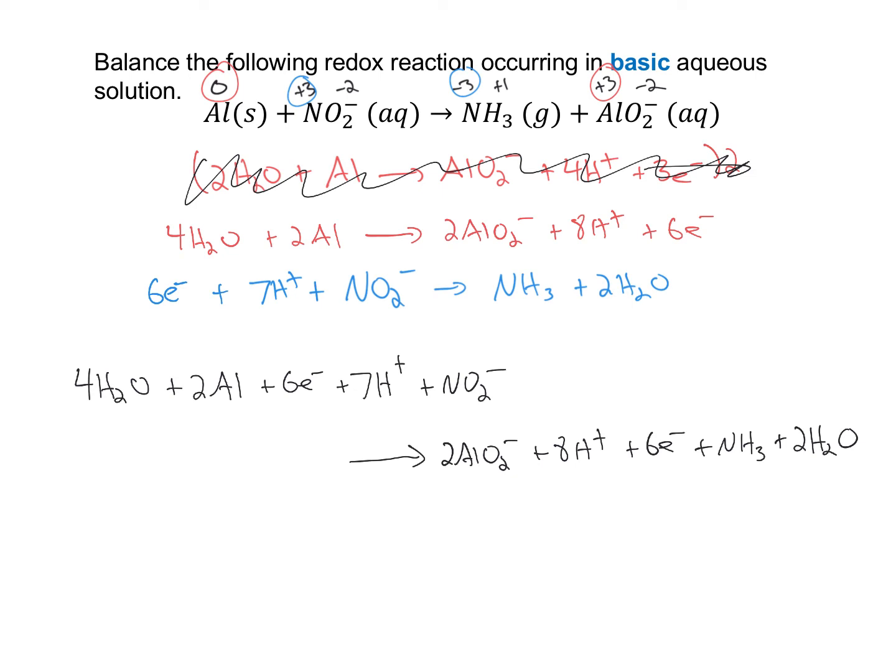Alright, so let's cancel. So the electrons cancel, as they have to, or we've done something wrong. For the H plus, I've got 7 on one side and 8 on the products, so those 7 will go away.